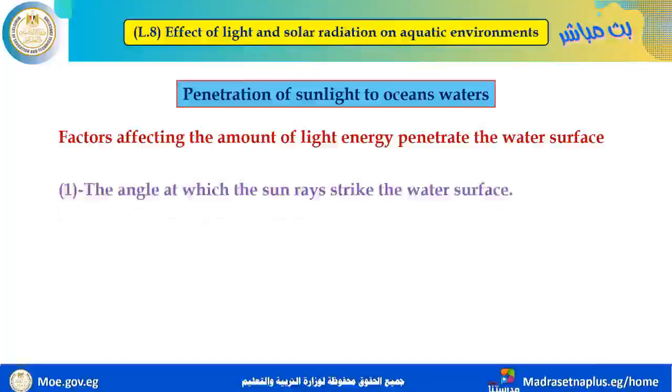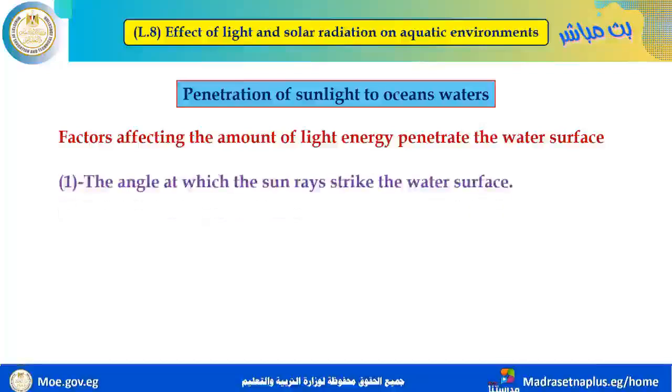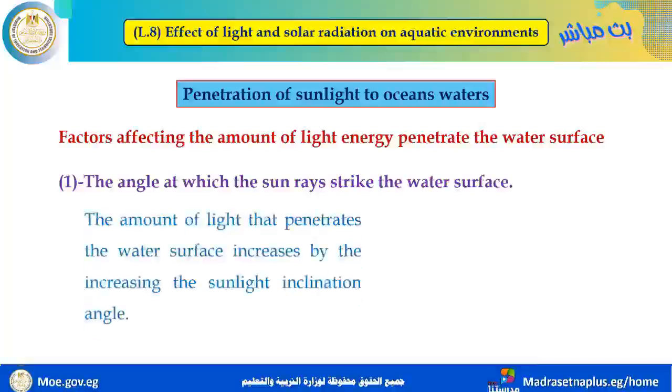The first factor is the angle at which the sun rays strike the water surface. How is that? The amount of light that penetrates the water surface increases as the sunlight inclination angle increases.